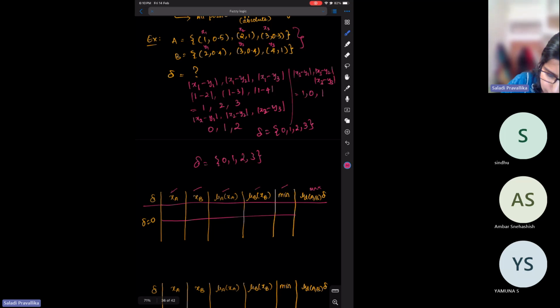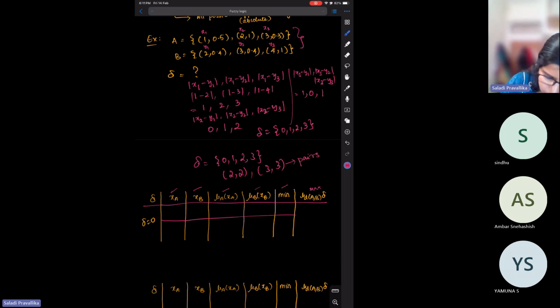So the x value from A is equal to 2 and the x value of B is also equal to 2. That is one case. Another case is 3 comma 3. So from fuzzy set A, the x value is equal to 3 and from fuzzy set B, the x value is equal to 3. So only then we are going to get 0 as a delta, right? 2 minus 2 is 0, 3 minus 3 is 0. So these are the pairs we have.